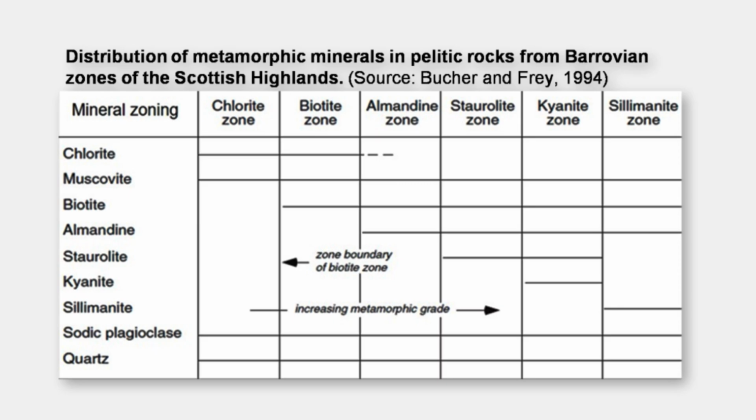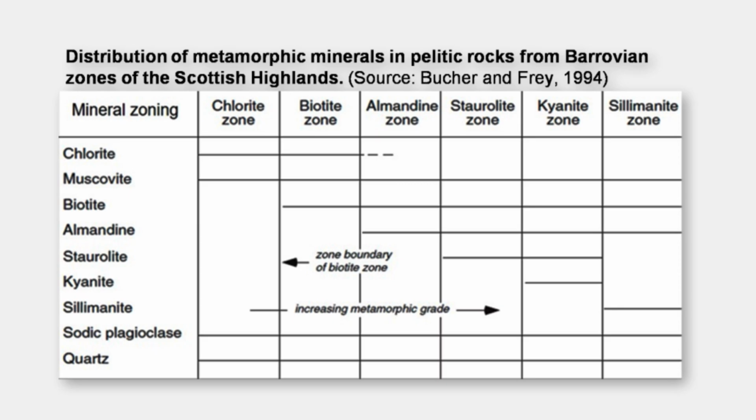Almandine zone starts from almandine to staurolite, kyanite and sillimanite zone. Staurolite occurs from the boundary of the biotite zone and staurolite zone, to the kyanite zone and sillimanite zone, increasing metamorphic grade up to the sillimanite zone. Sodic plagioclase exists everywhere, quartz exists everywhere.